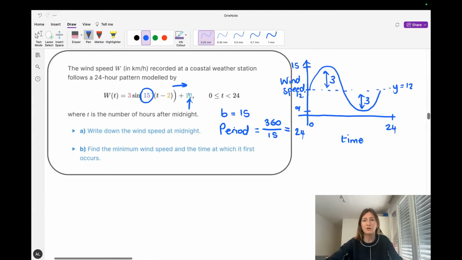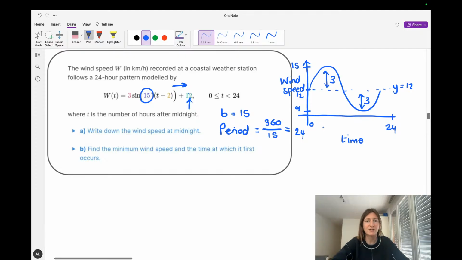Oh, which of course we knew because it repeats every 24 hours. So we could just read off the graph or off our axis, 24. But there we go, we've confirmed it. So there we have a few values before we've even started the question.